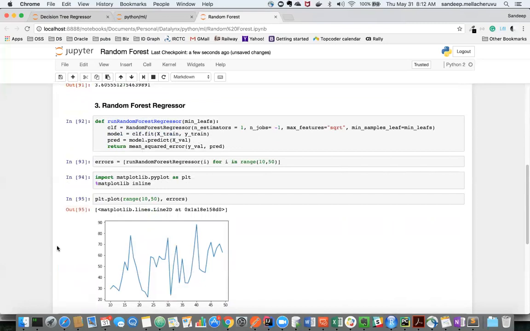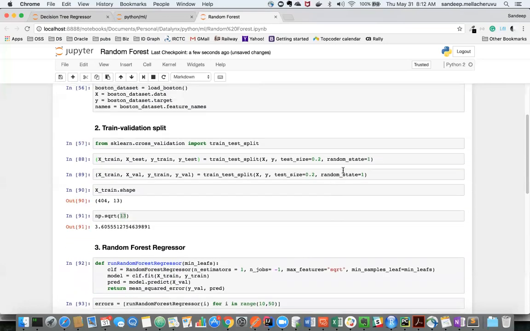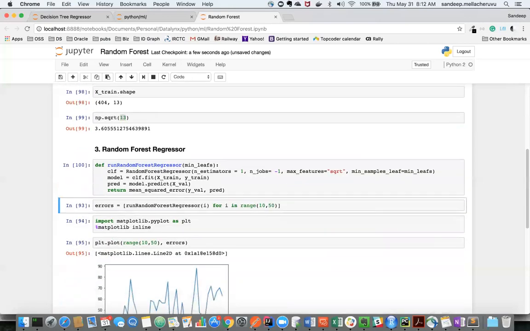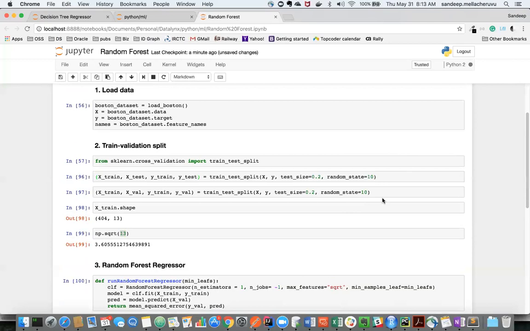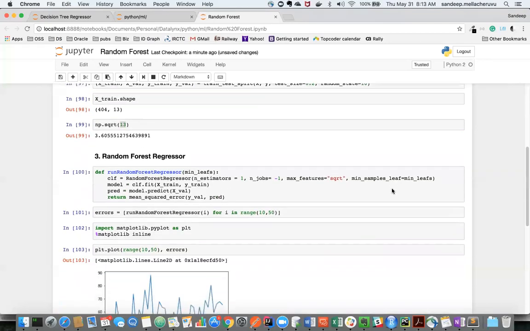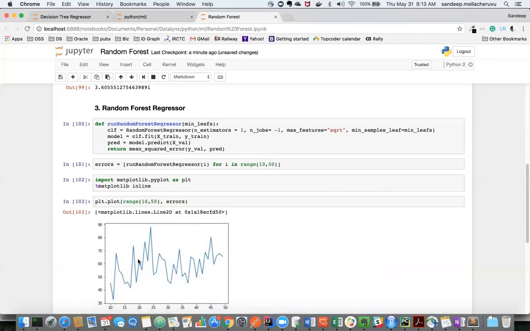Okay, these are your errors. Take a screenshot. Now random state equal to 10 for one estimator, which means one tree. How are the errors changing for different random states? Okay, it is a combination of both. Is the previous graph and this graph completely different or not? Yes or no? Yes.